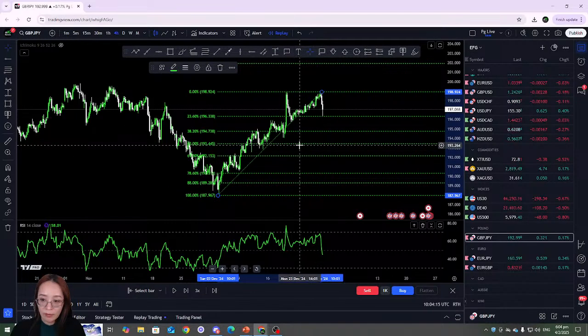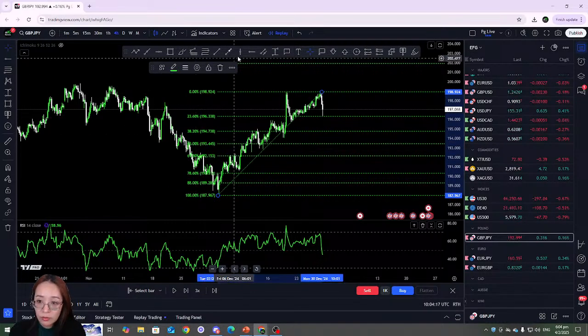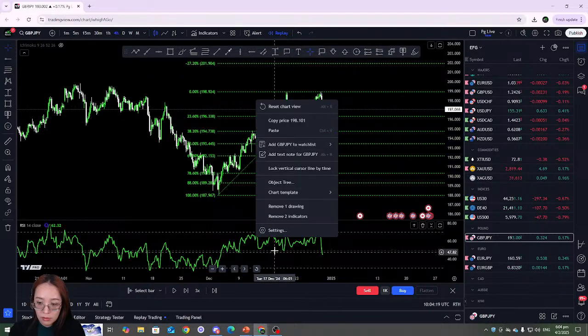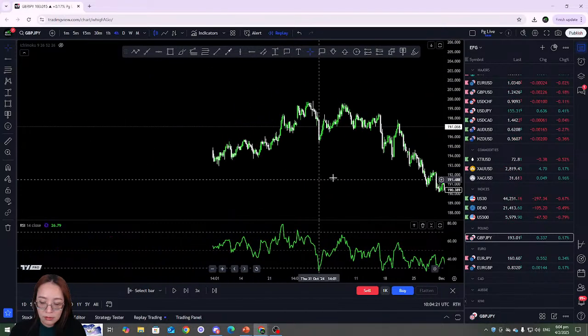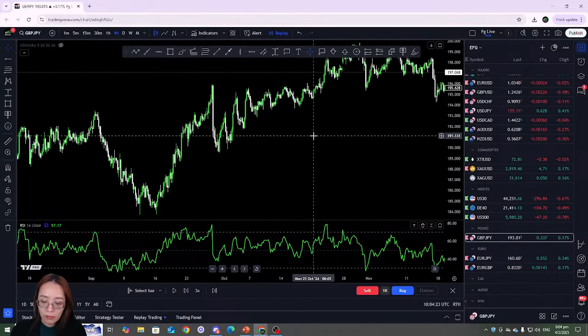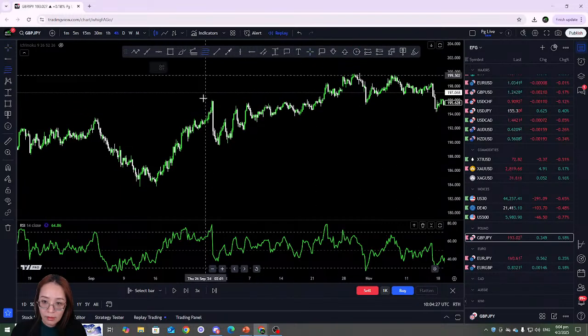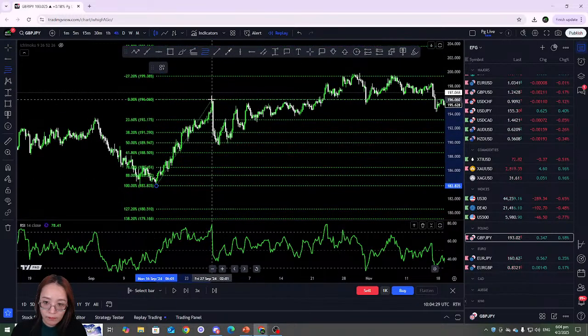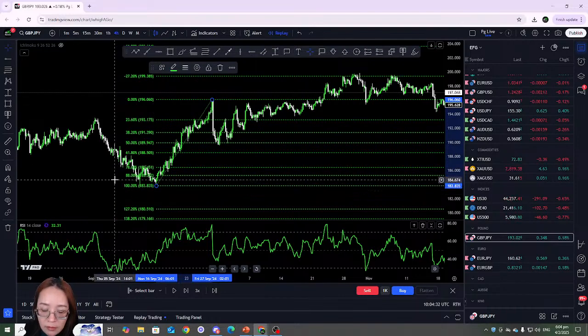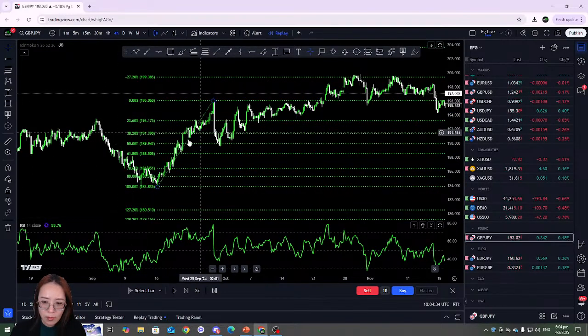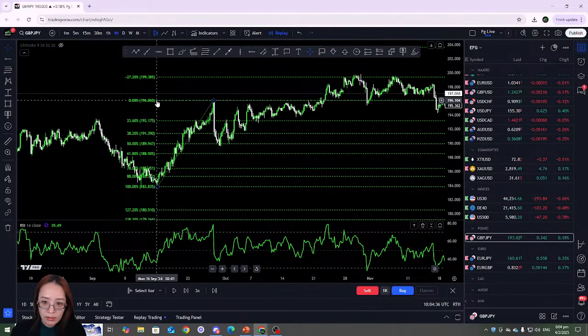There are so many numbers, and then maybe you start to think this is not a good one. I just pick from this level, for example. This is the level. And then you think there is a small pullback, or you think that's going to be the level.